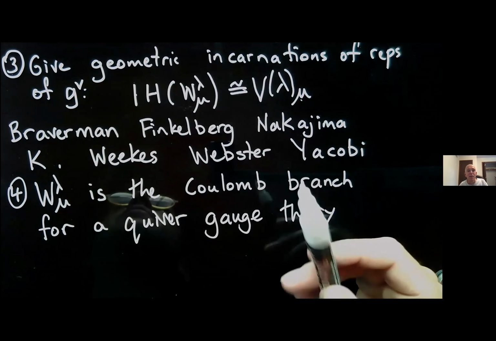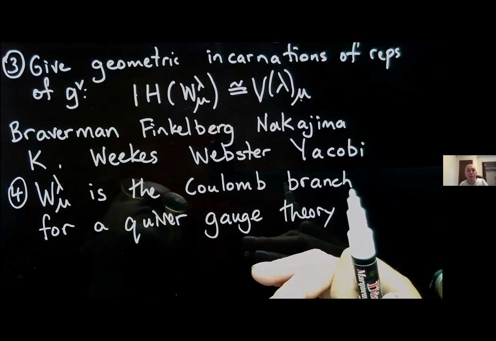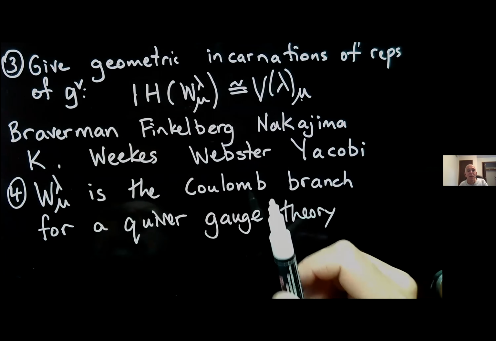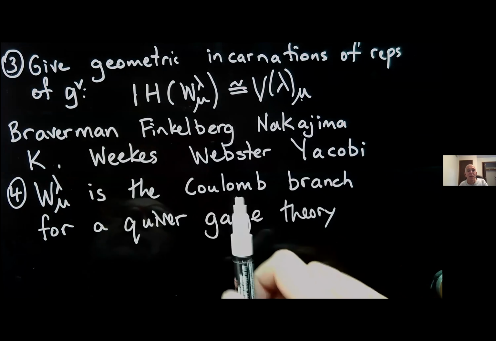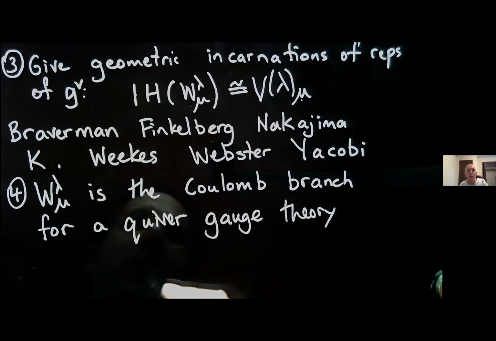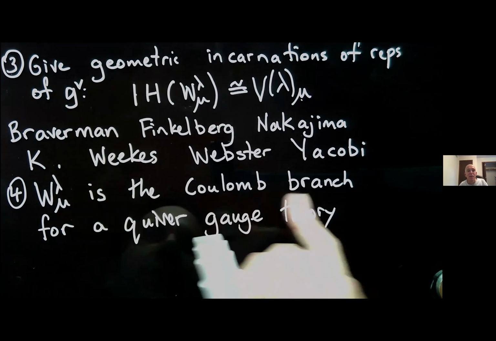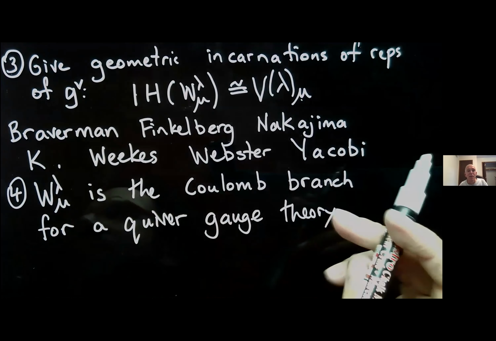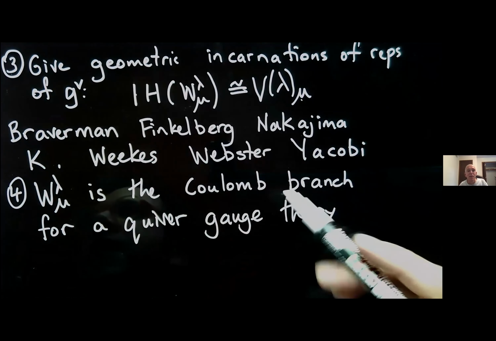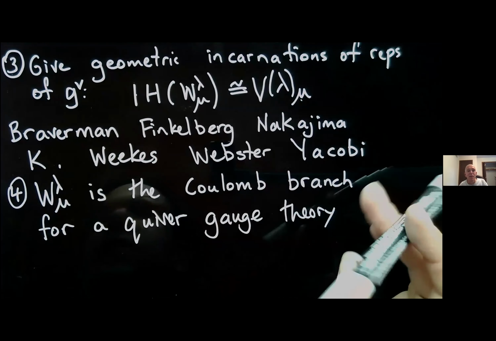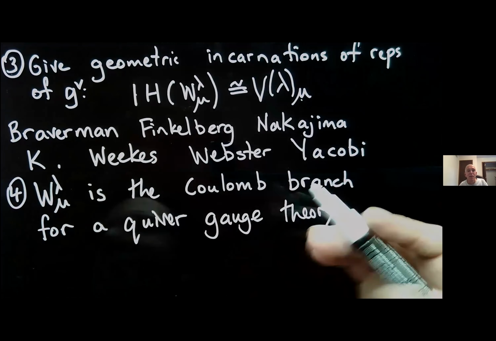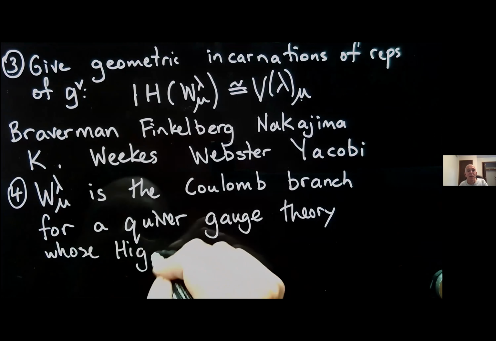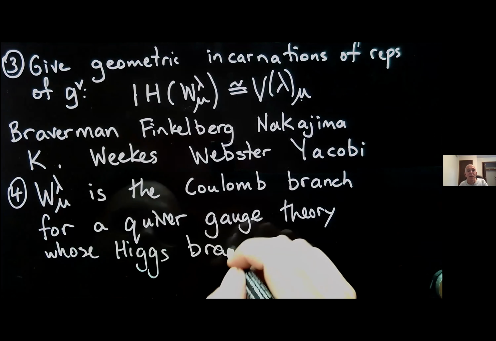If that group is not simply laced, then you need an enhancement of this notion of Coulomb branch, which was developed by Nakajima and Weekes. And for this quiver gauge theory, the resulting Higgs branch, at least in the simply laced case, is a Nakajima quiver variety.